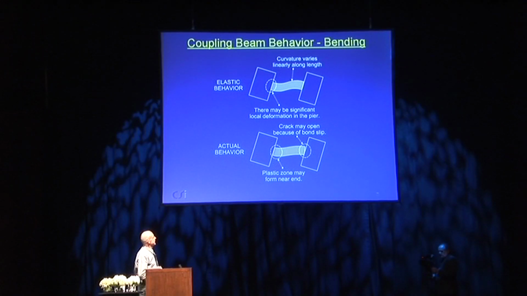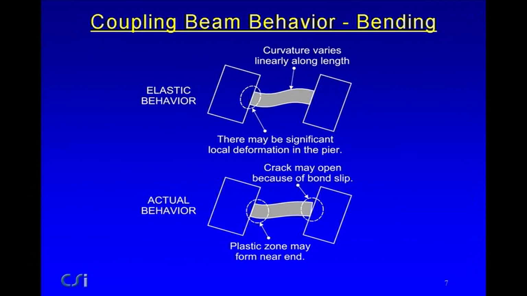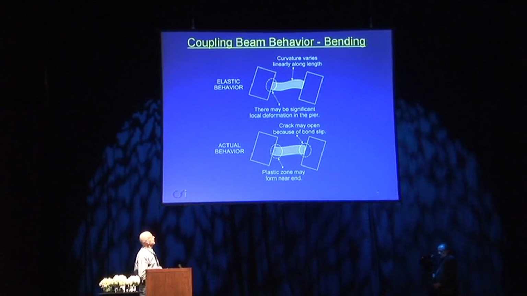The deformations may be substantially shear deformations, which would be constant over the length, and some bending, and it depends on the proportions of the beam which is dominant, bending deformation or shear. But the curvature will vary linearly. And one thing that may happen, I haven't shown this here, is that there may be substantial local deformations where the beam meets the pier. This is what you would get from an elastic analysis.